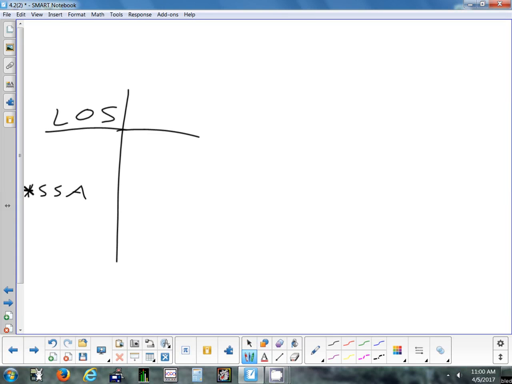Yep? Angle side angle. Angle side angle, always one solution. Yep? Angle angle side, or side angle angle, that's the same thing. So those are the three kinds of problems you use law of sines for. Tomorrow, we'll write down the two that use law of cosines.